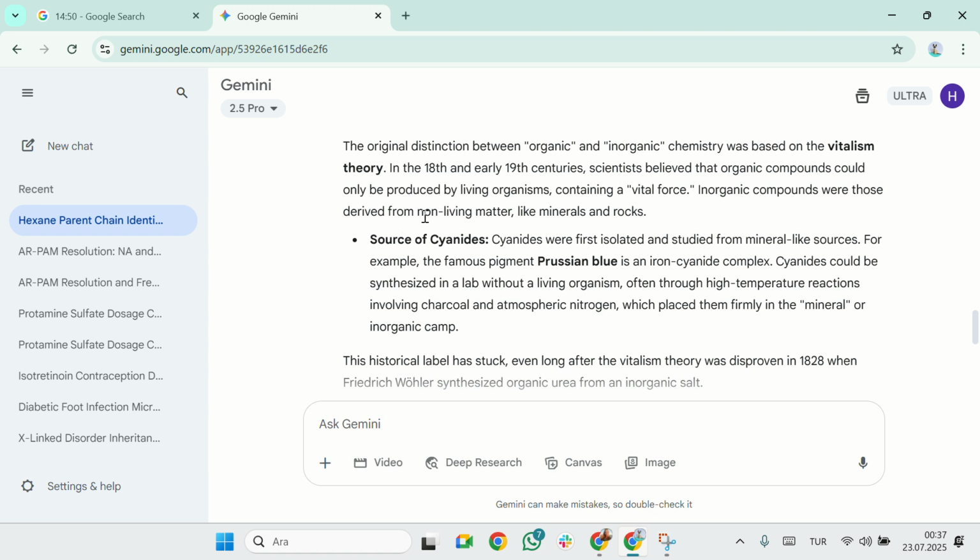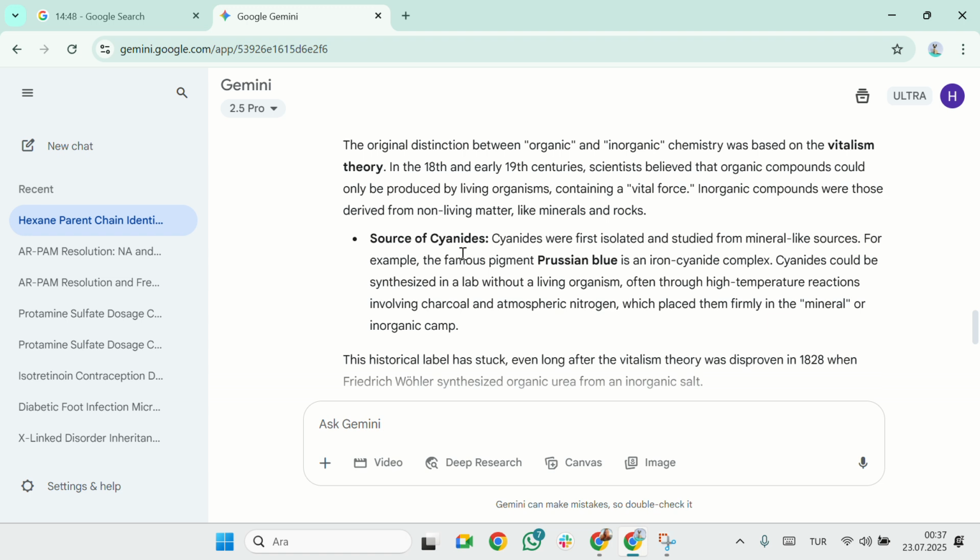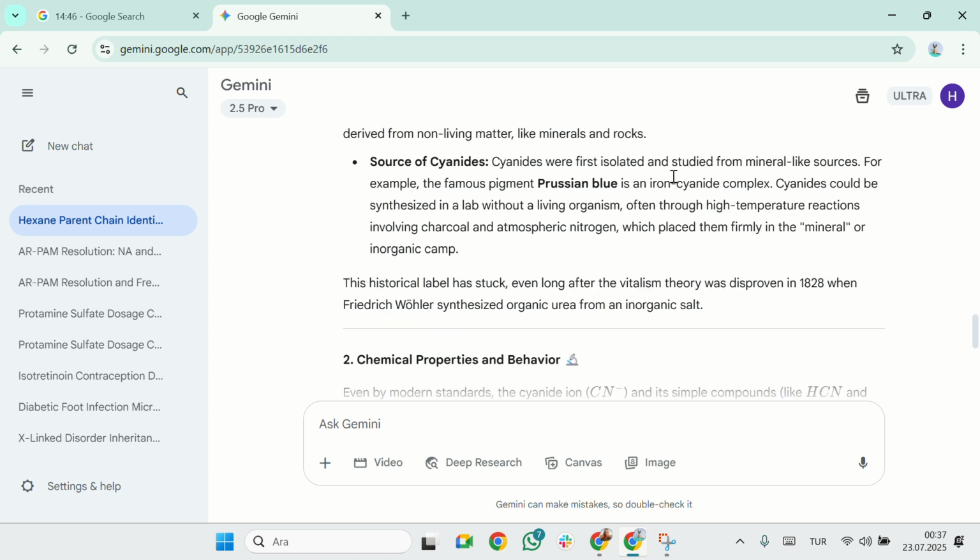Inorganic compounds were those derived from non-living rocks. Cyanides were first isolated and studied from mineral-like sources. For example, the famous pigment Prussian blue is an iron compound, made without living organisms, using high temperature reactions, charcoal and atmospheric nitrogen, which placed them firmly in the inorganic camp.